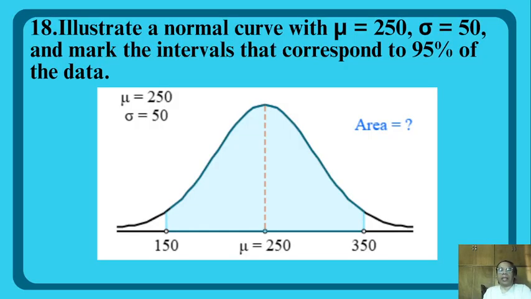And then we got 350, 250 plus twice of our sigma, which is 50. So that illustration or drawing can easily be taken using the portal I have given you.